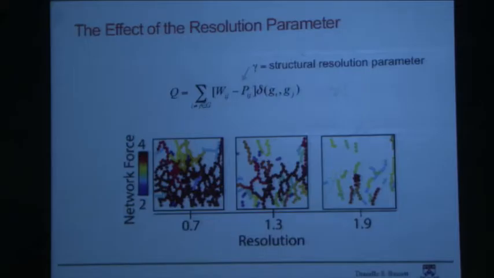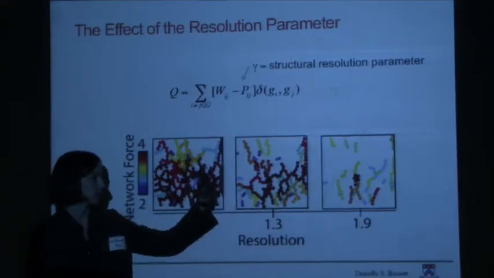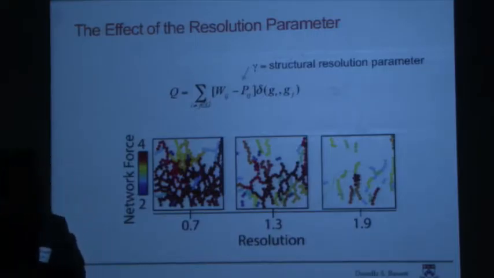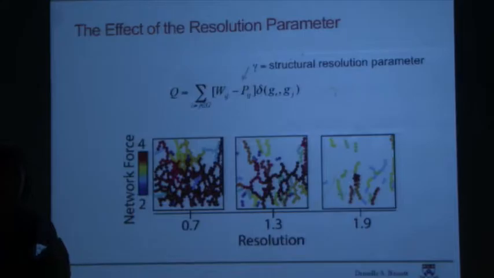Okay, so then I wanted to tell you that in the optimization of the modularity quality function that enables us to extract these communities of particles, we can actually put a gamma in front of the null model, which is called the structural resolution parameter. And if we do that, then we can tune the size of communities that we're looking at.